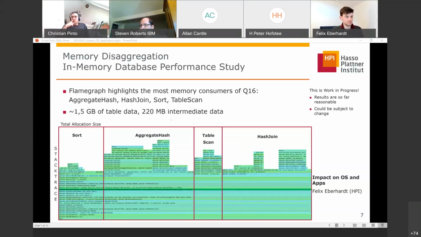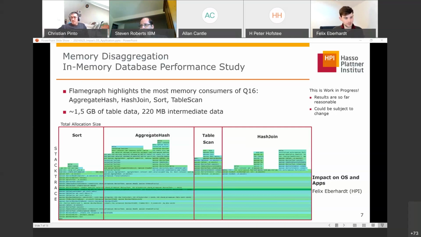And you can see that basically here on the flame graph. On the y-axis of the flame graph you have stack traces. So you can see where in your applications you have the allocations, and the width of the different towers you can see here is the amount of memory allocated during the runtime.